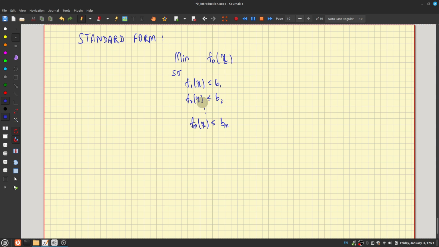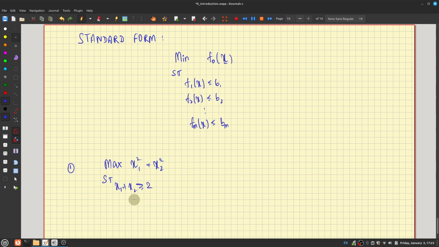Okay, so let's first see what kind of optimization problems can be brought to this standard form. Suppose I give you an optimization problem of the following: max of x1 square plus x2 square subject to x1 plus x2 greater than or equal to 2.